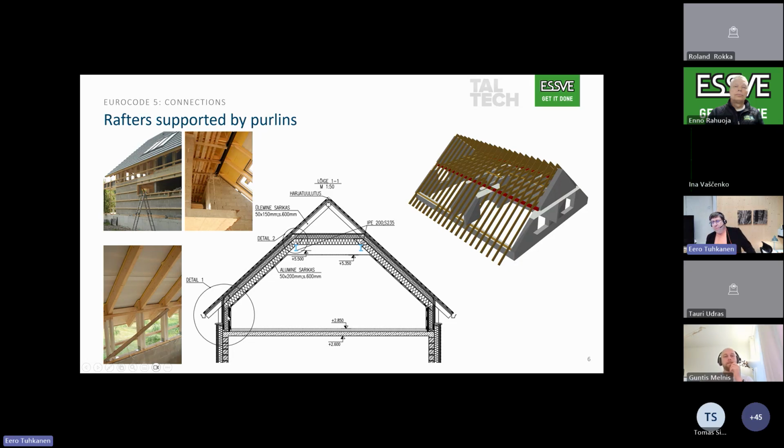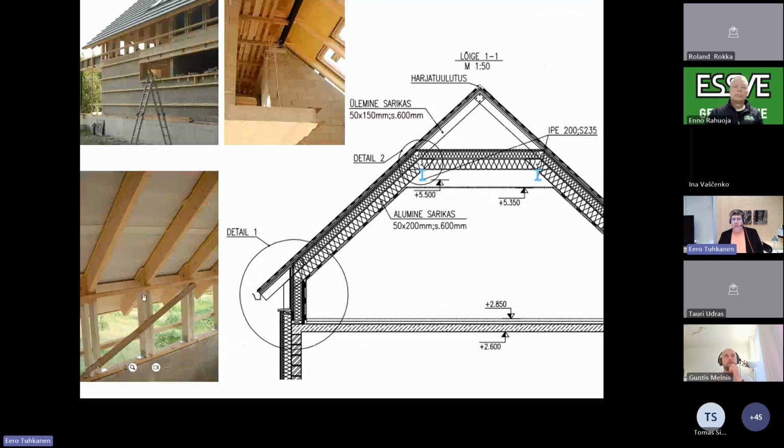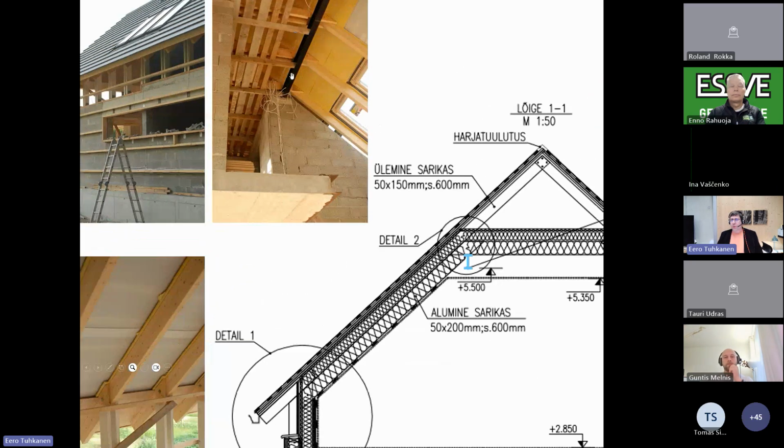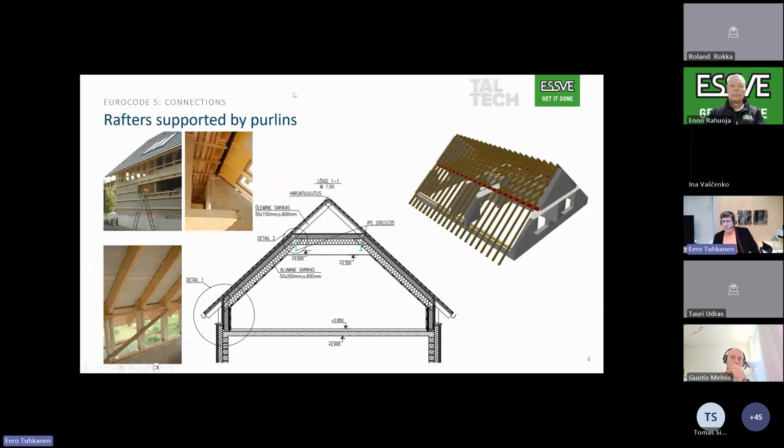We have here a part of the wall, which is also timber, and this part cannot take horizontal force, and we cannot let the horizontal force into this structure, and that's why we use these purlins on top of it. You can also see that in the picture inside, where the steel beam is. So this is one way to handle the roof structure.